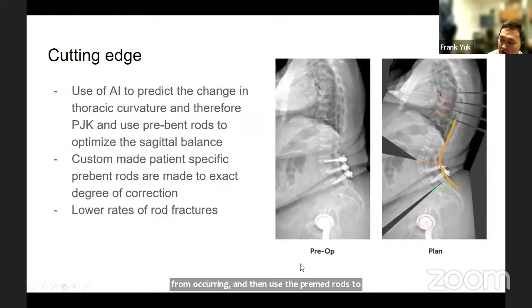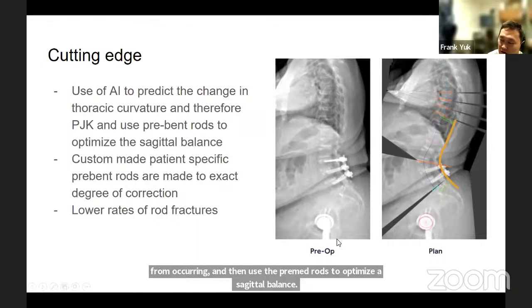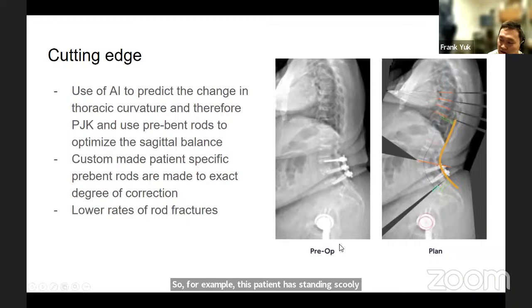So for example, this patient has a standing scoliosis X-ray here. This is put through the AI system program, and the AI predicts what will be the most optimal sagittal balance and lumbar lordosis, and it also predicts what the thoracic kyphosis may become once this rod is in.